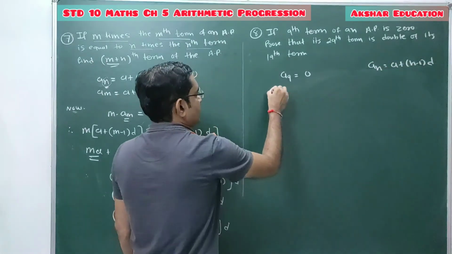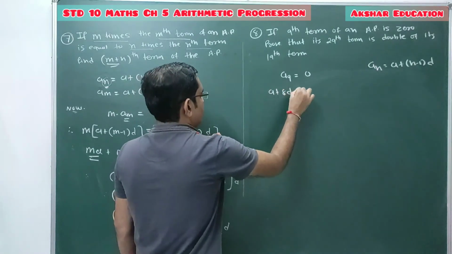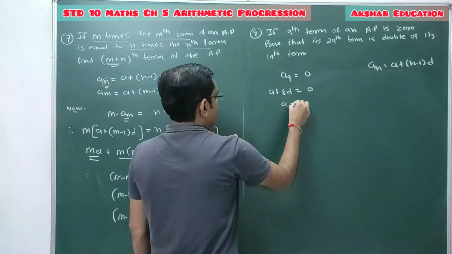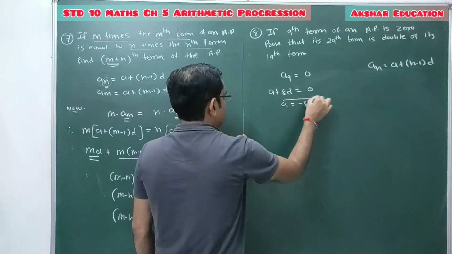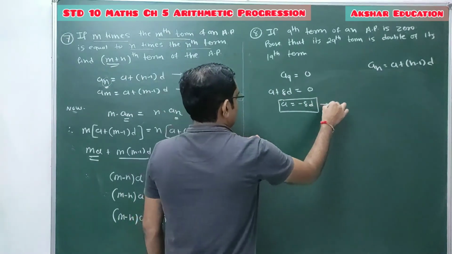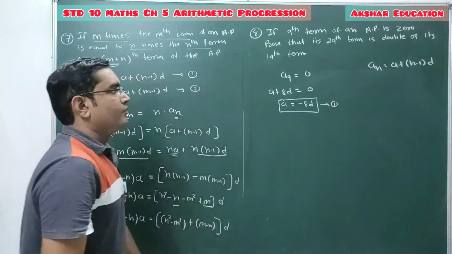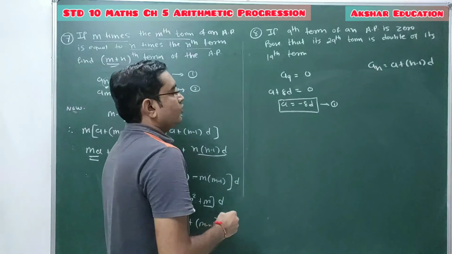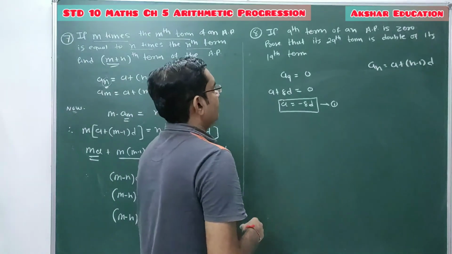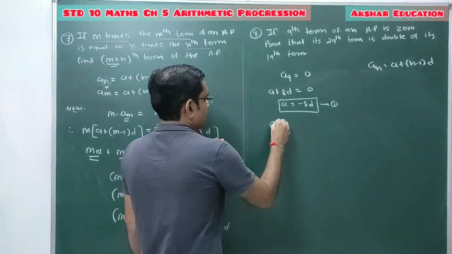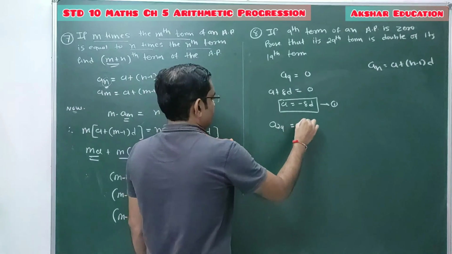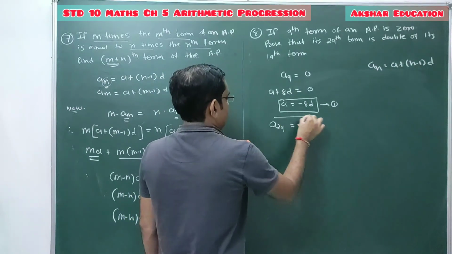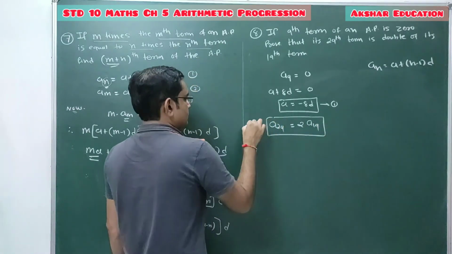So 9th term is nothing but a plus 8d equal to 0. So we can write a equal to minus 8d. This is given. 9th term of AP is 0. So a equal to minus 8d. Prove that 29th term is double of its 19th term. This you have to prove.